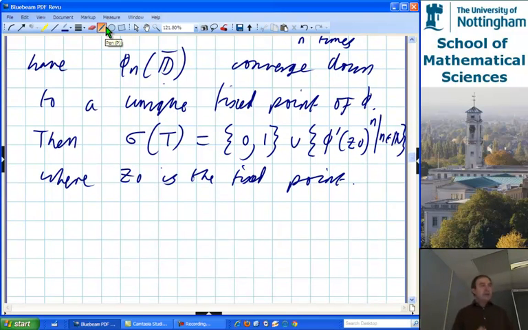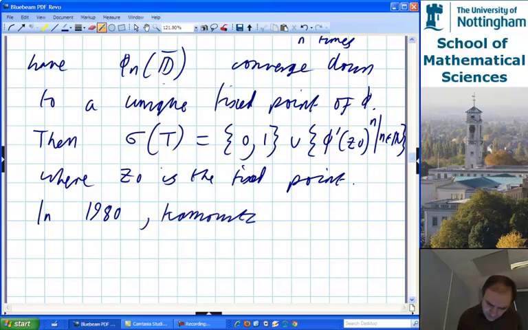Then, in the next paper, he generalised this iterates result. So in the 1980 paper, Kamowitz went the whole hog and proved that if you've got a compact endomorphism of a commutative semisimple Banach algebra, then it's still true that the self-map iterates always converge down to a point, a unique fixed point.